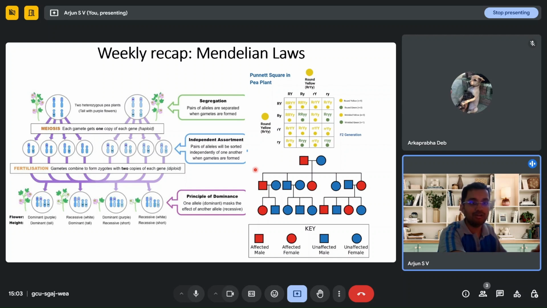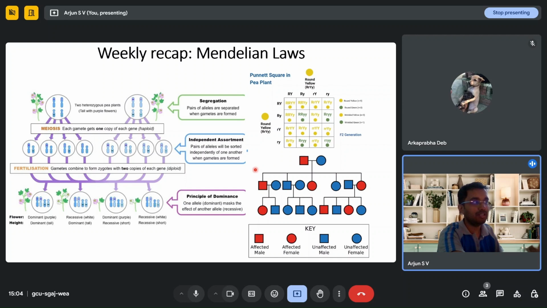The law of segregation says that the pairs of alleles are separated when the gametes are formed. Regardless of how your dominant or recessive genes are arranged, they will be separated when the gametes are formed, and those separately give rise to your final phenotypic or genotypic trait of an organism.